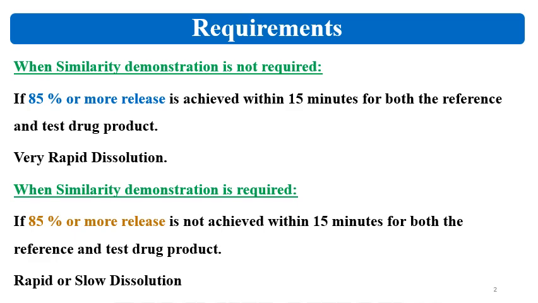The dissolution is considered slow if 85% is not released even at 30 minutes. If dissolution is above 85% at 30 minutes, you can say it is rapid dissolution, but still you have to show the dissolution similarity.